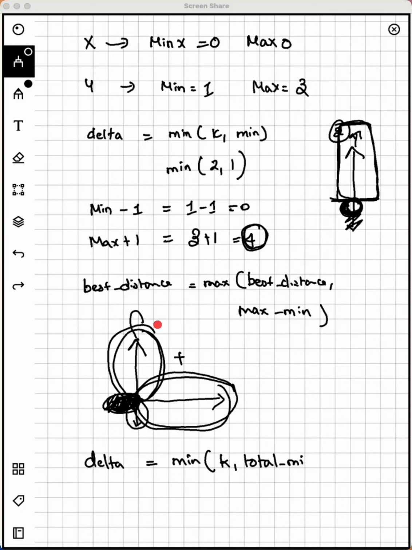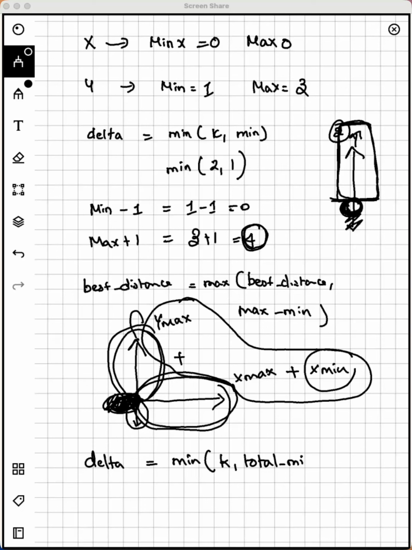So we had the y max, and then we have the x max, and then let's say we added x min. So from this total, because this got adjusted thanks to our k, otherwise it would have gotten subtracted, I'm left with just subtracting this negative effect, minus y min.